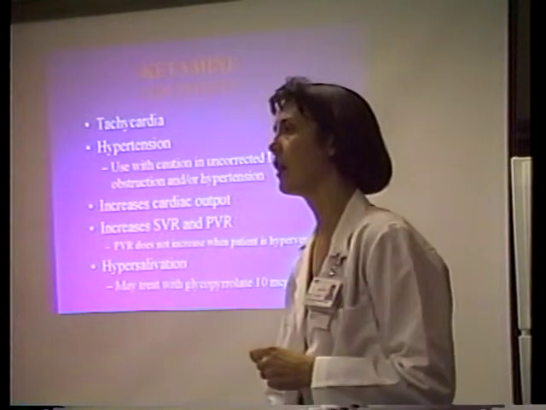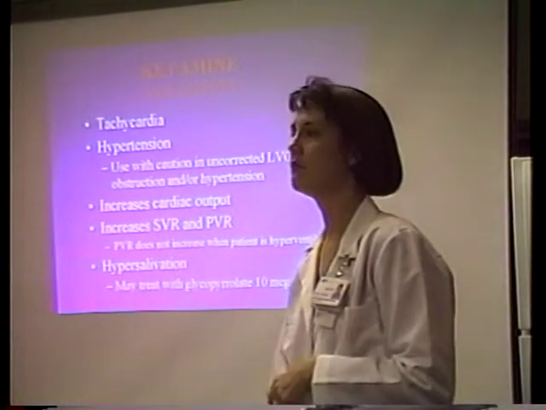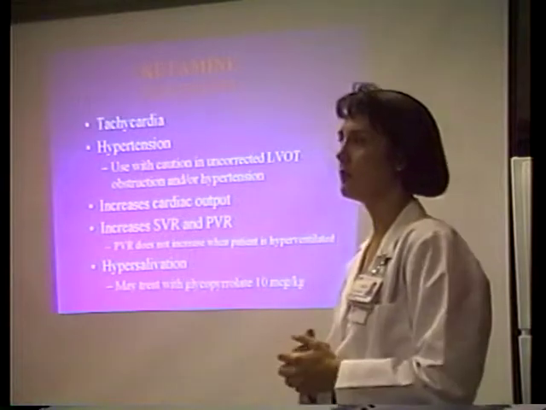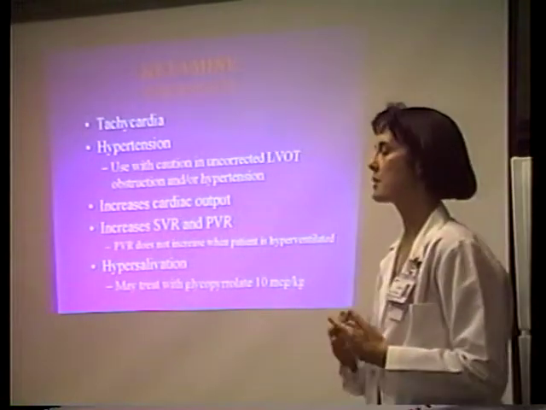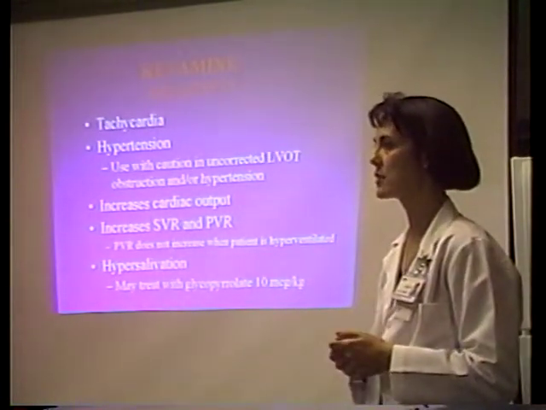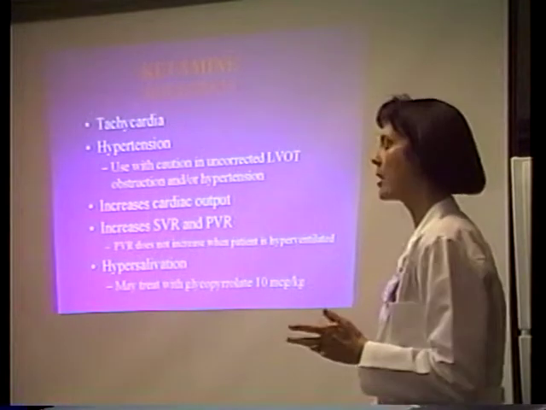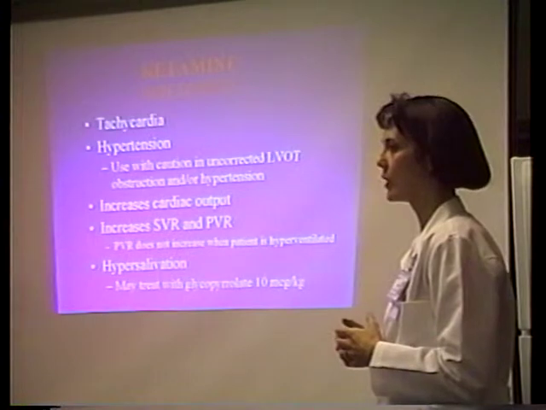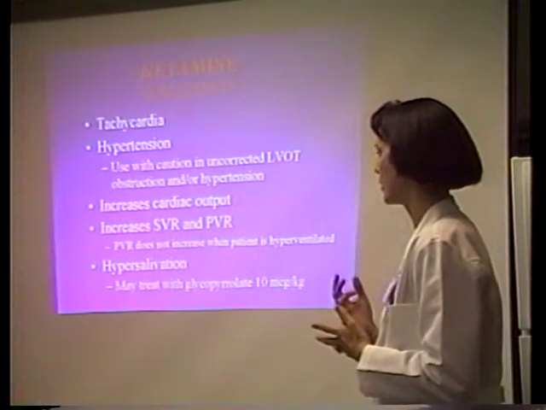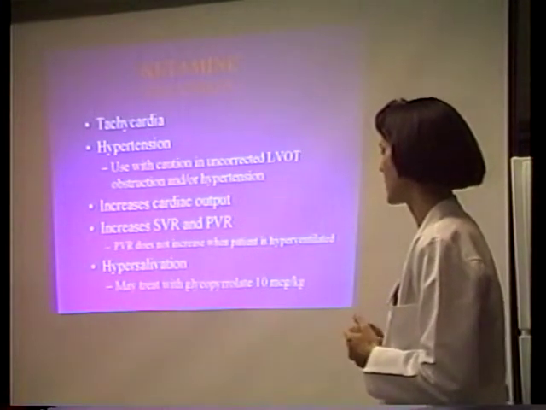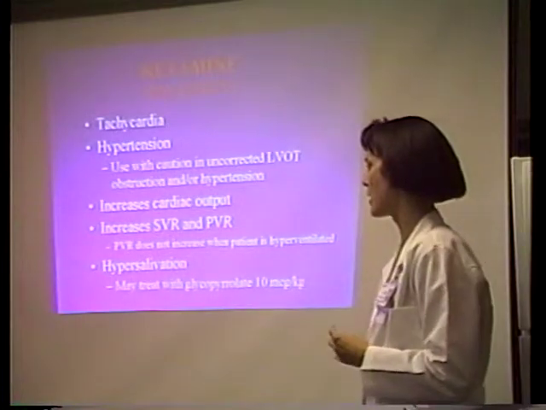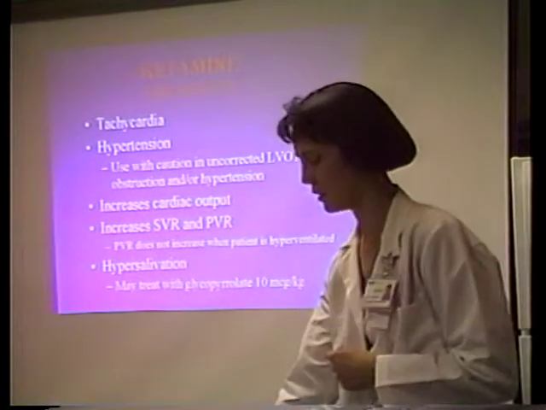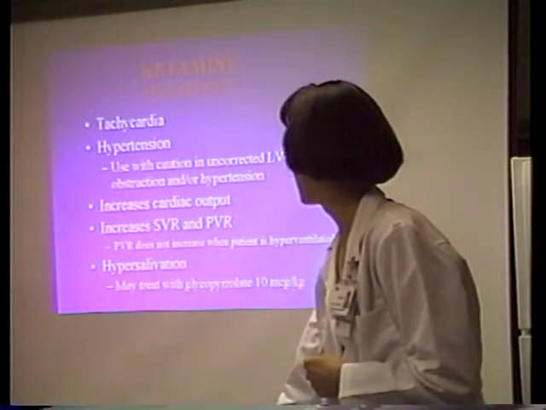Would that precipitate tachycardia on top of the ketamine? Glycopyrrolate doesn't cause as much tachycardia as atropine does, so that's why we use it. It might cause a little bit, but usually with these kids we're not so concerned about the tachycardia unless it gets pretty high. The trade name for that is Robinul. I don't know if you've used it much here.